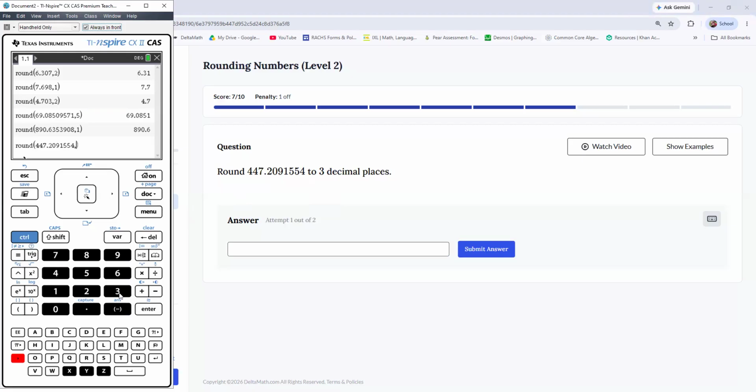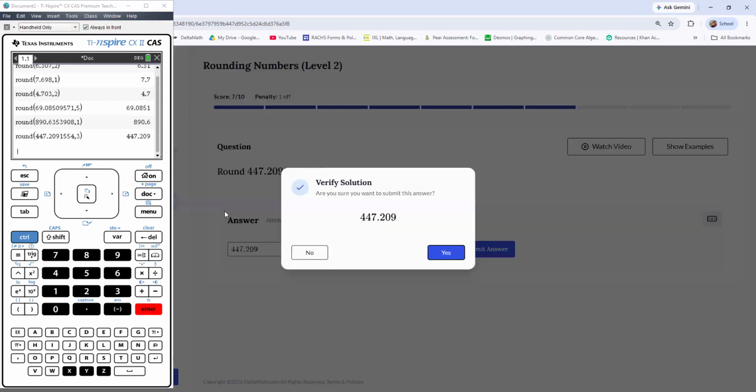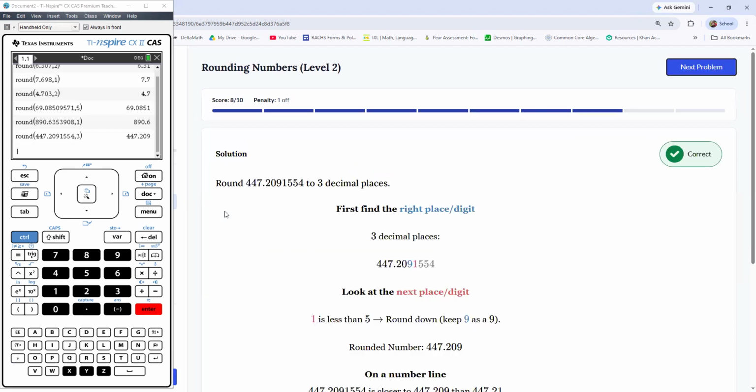And then we're going to type in 3 because we want 3 decimal places. So that is our answer, 447.209. Press enter.